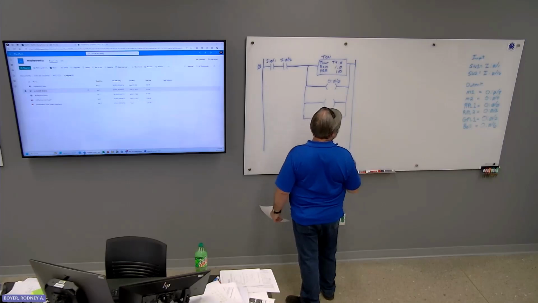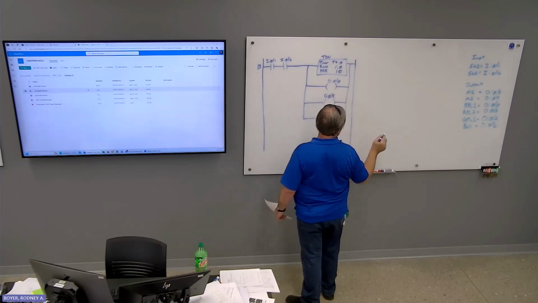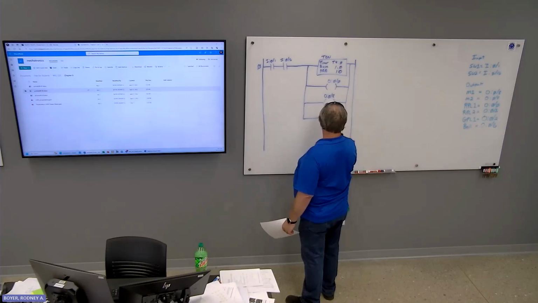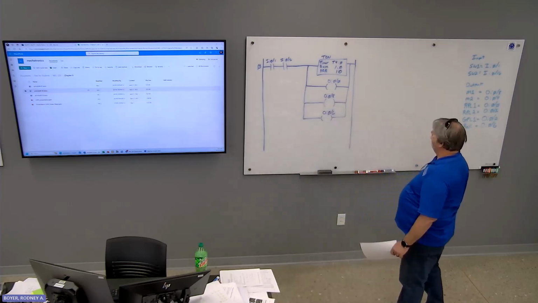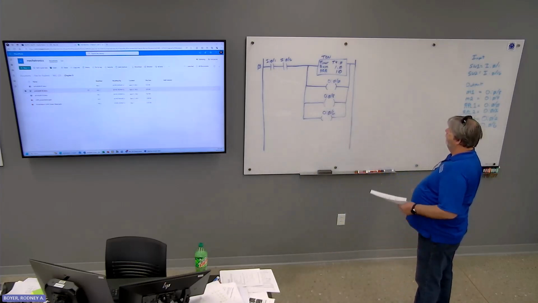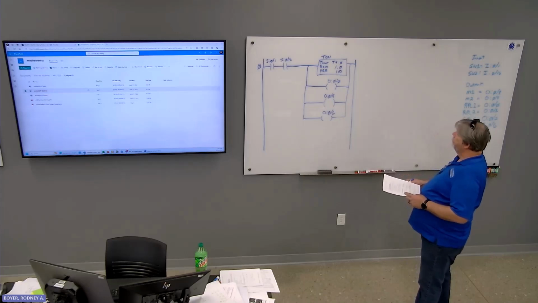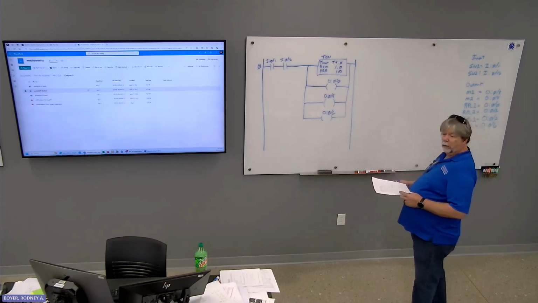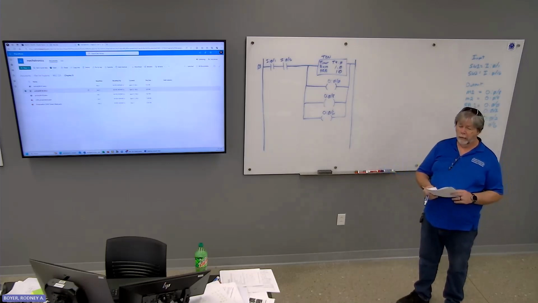Motor one, output 0, 8. And bell, output 0, 6. Okay. We all agree that that'll work? Fine. Is my logic flawed?